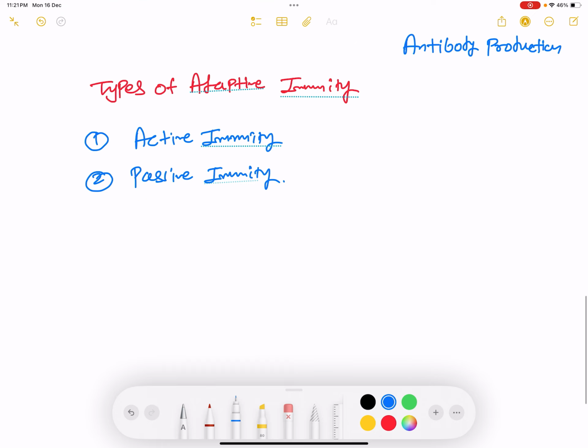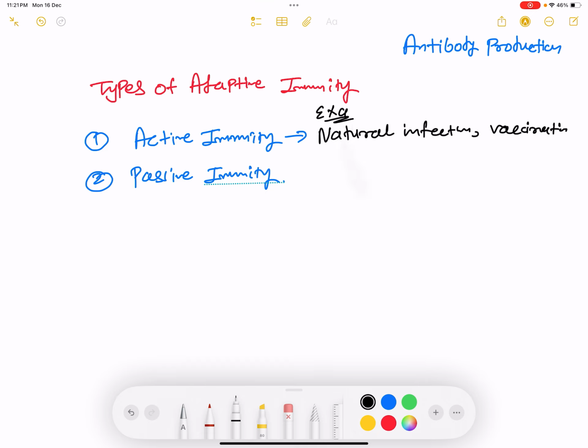Active immunity occurs when the body produces its own antibodies. Examples are natural infection and vaccination.